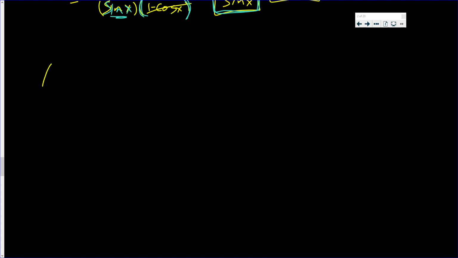Next problem. Tangent squared x minus cotangent squared x is equal to secant squared x minus cosecant squared x. Well, they're both the difference of squares.